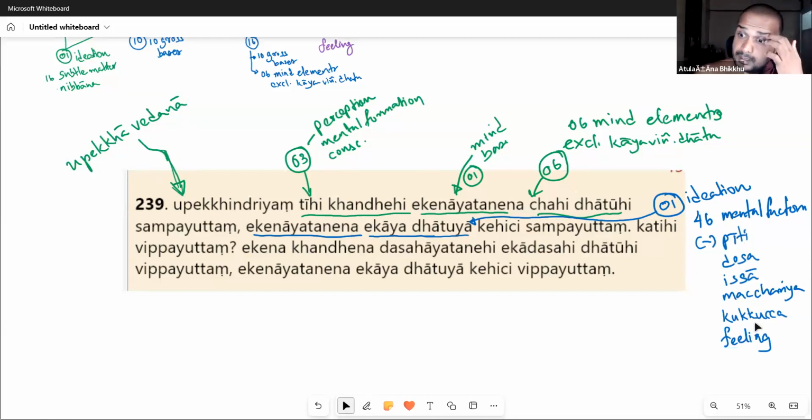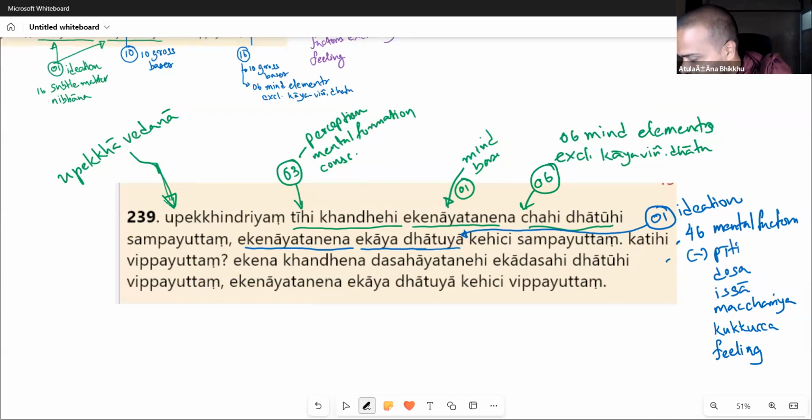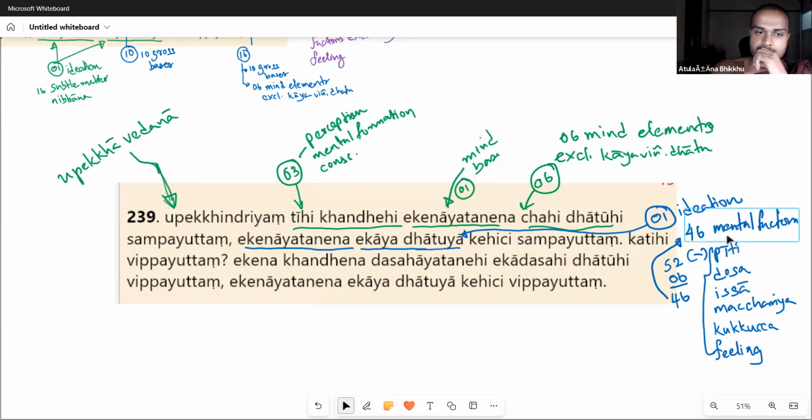So all in all, there are six mental factors here: piti, dosa, issa, maccariya, kukucha, and vedana. From the 52 mental factors, we deduct these 6. So that's how we get the answer of these 46 mental factors.